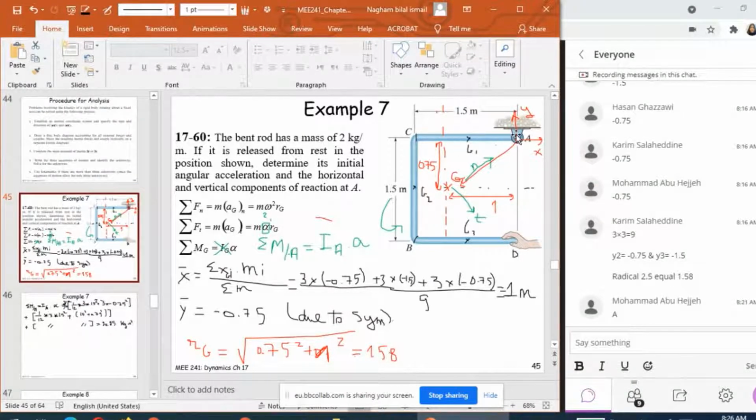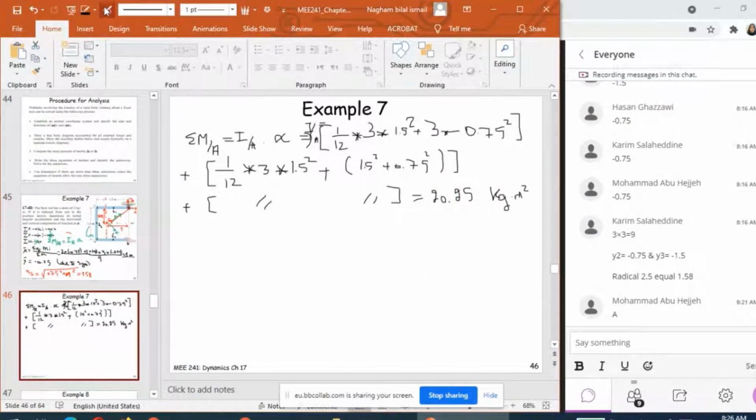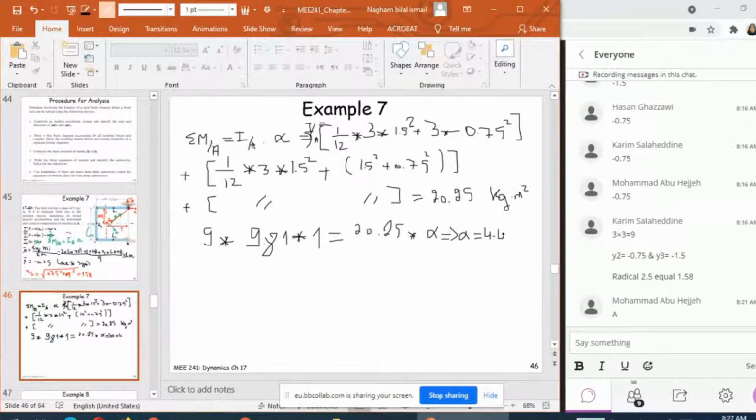It is 1, because I know that the center of mass is located at 1 in X. This is the mass times the gravity times the distance, which is equal to 20.25 times alpha. Alright, so I can find alpha. Alpha is equal to 4.4 radians per second squared.